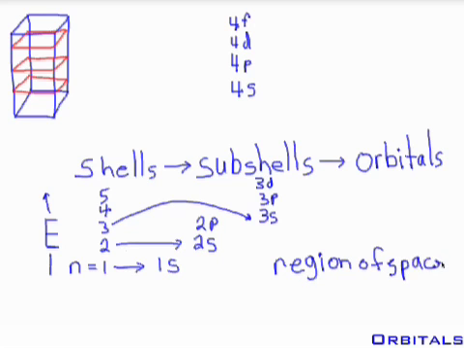And this is the most important part, where there is a chance of finding an electron. So, orbitals are defined as a region of space where there is a chance of finding the electron.